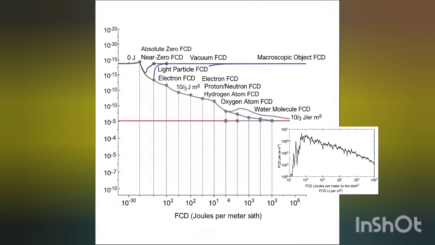Okay, so bringing this right back to our everyday experience then. How does FCD apply to the tangible things? Like this table right here, it makes you think, how much energy is this table using just to be a table right now? A huge amount. Macroscopic objects like that table or your coffee cup operate way up the scale at 10 to the sixth power JM6, a million, and often much, much higher. A million joules per meter to the sixth. Yeah, and potentially vastly more. At this far end of the scale, these objects have immense FCD values.